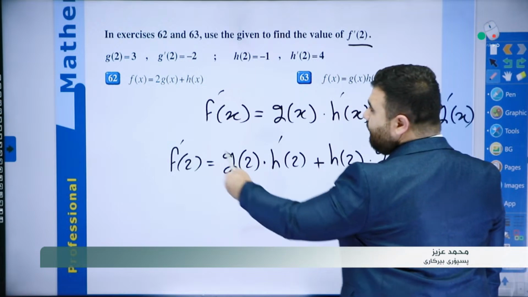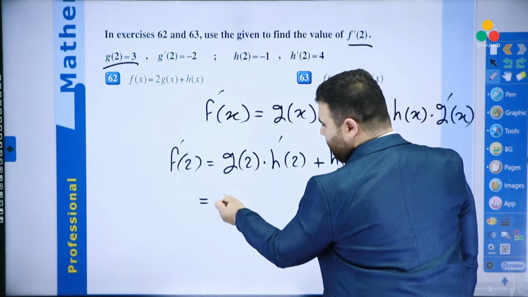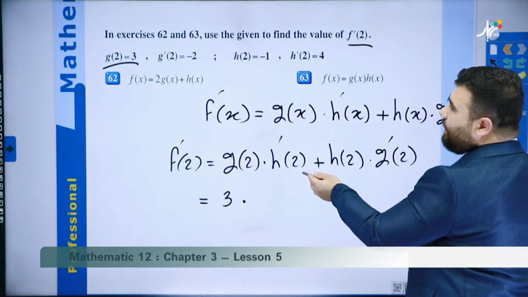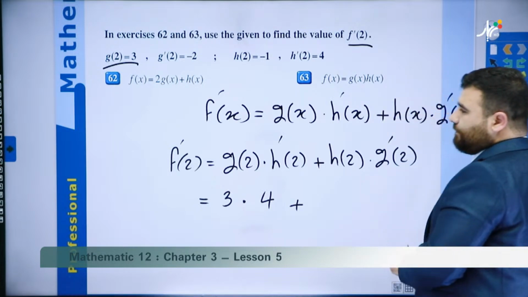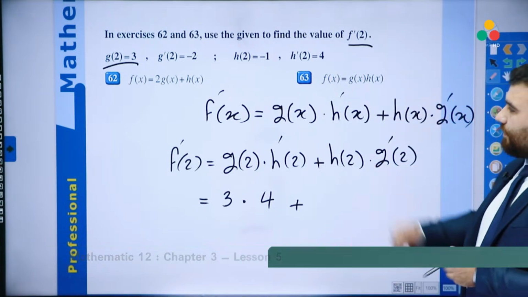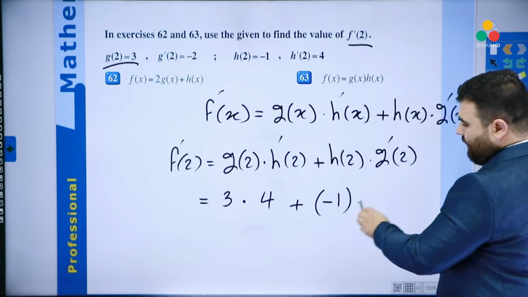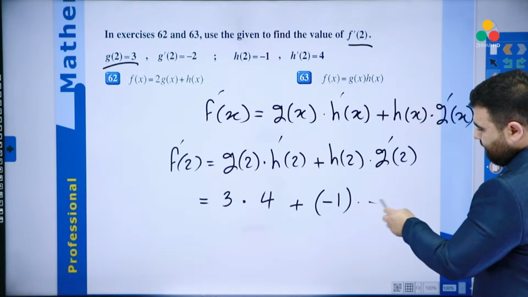G of 2 is 3. So I write 3 times h prime of 2, which is 4, plus h of 2, which is negative 1, times g prime of 2, which is negative 2.